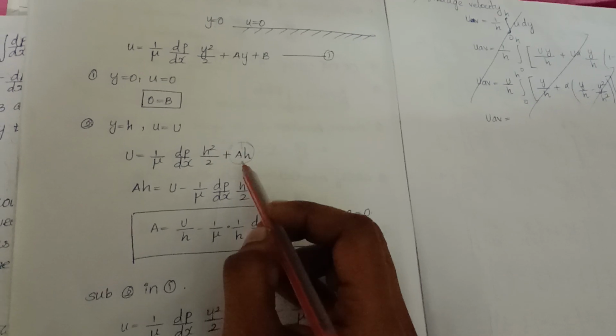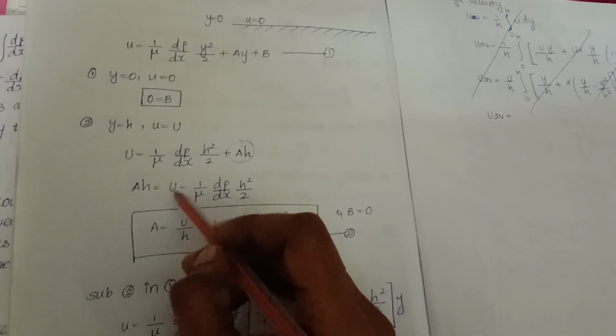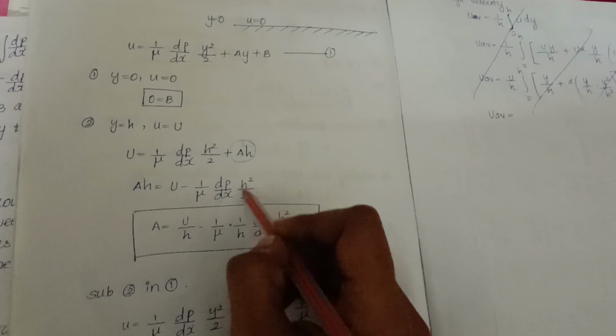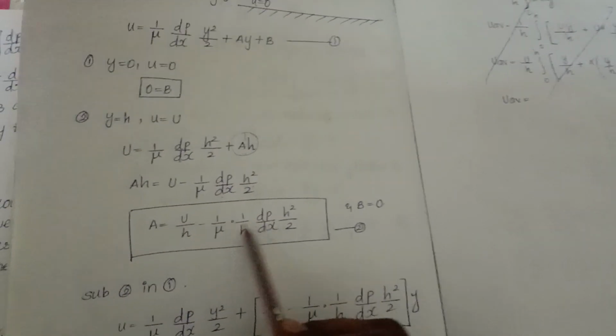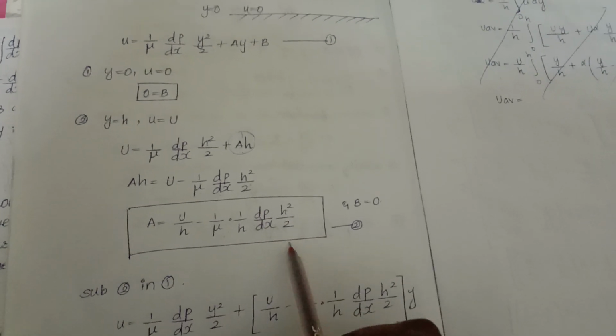If we need the a value, ah equals U minus 1 by mu dp by dx h square by 2, and a equals U by h minus 1 by mu 1 by h dp by dx h square by 2.